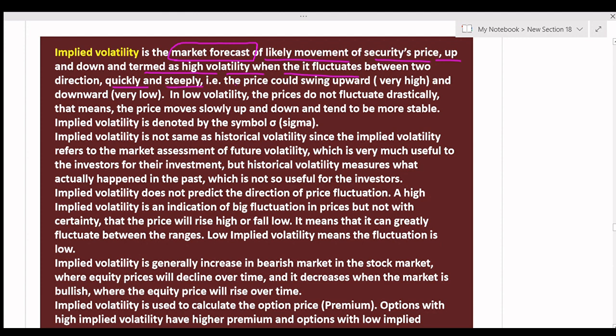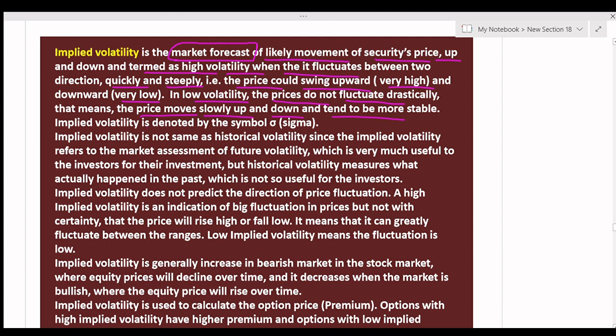That is, price could swing upward very high and downward very low. In low volatility, the prices do not fluctuate drastically. That means the price moves slowly up and down and tends to be more stable.